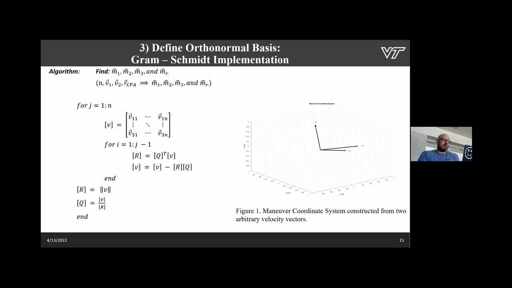This is the one plot I referred to. I was able to implement this in MATLAB. I wrote code that will take in any number of velocity vectors and transform them all into this coordinate frame that you see.